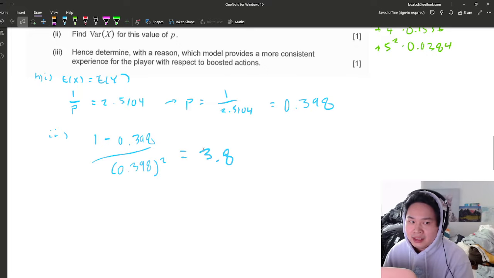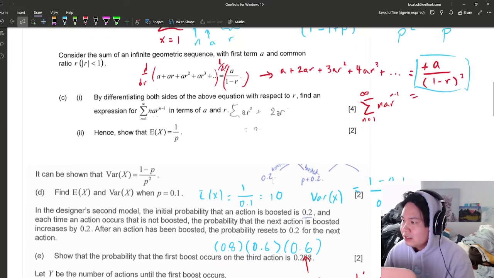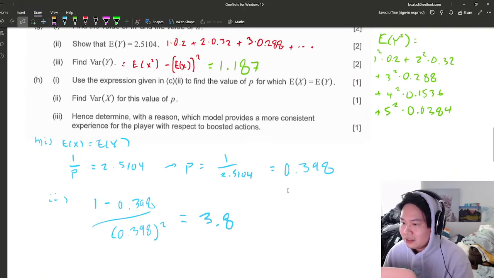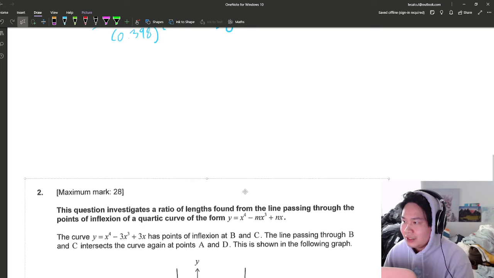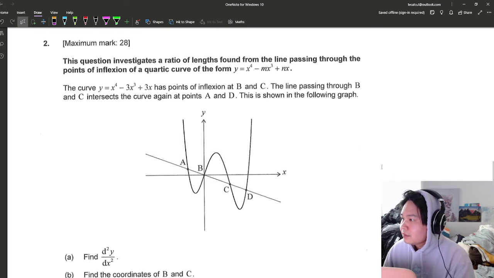So this is way less consistent. Okay, that was easy. 27 marks. Okay, that took me 2 more minutes than I should have, because I've been recording for 29 minutes.